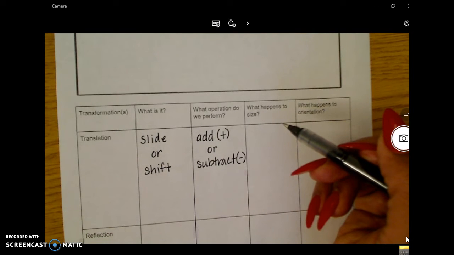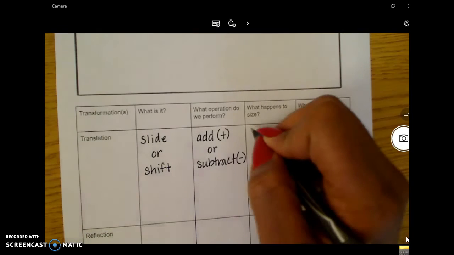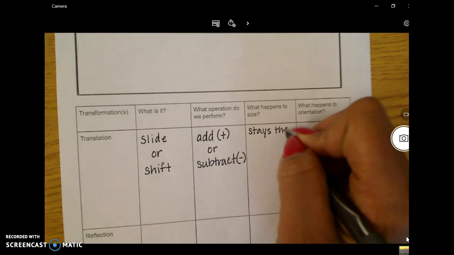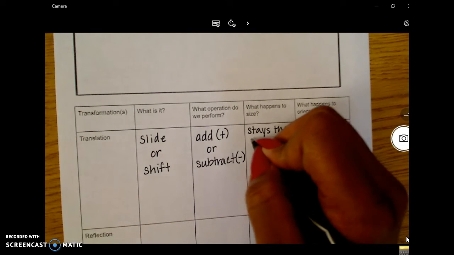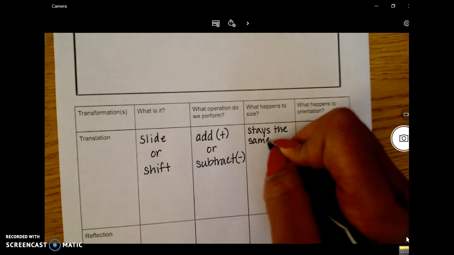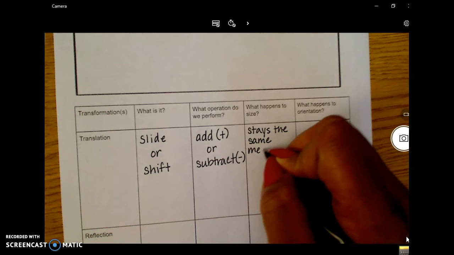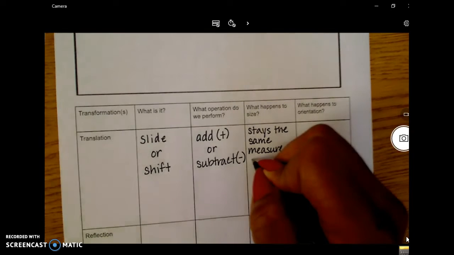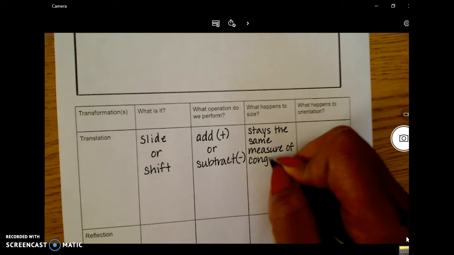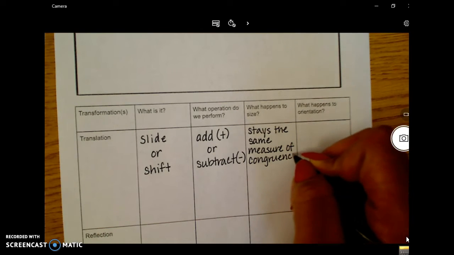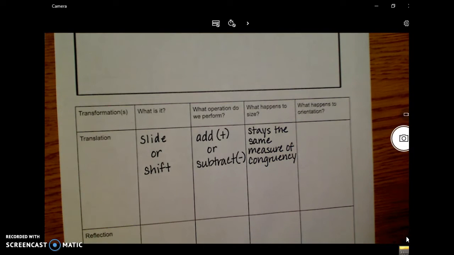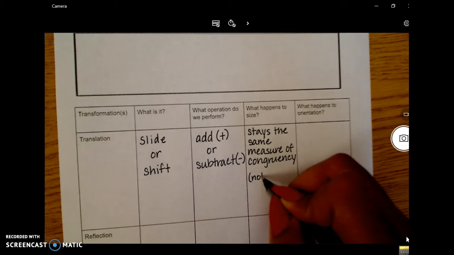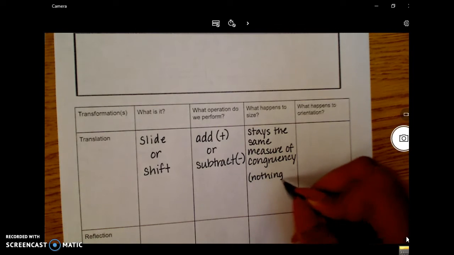During a translation, what happens to the size? It stays the same, the measure of congruency. This is the academic language that essentially means nothing changes about its size.